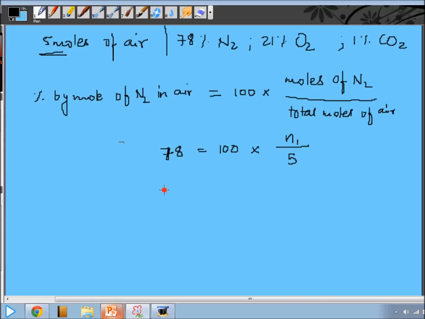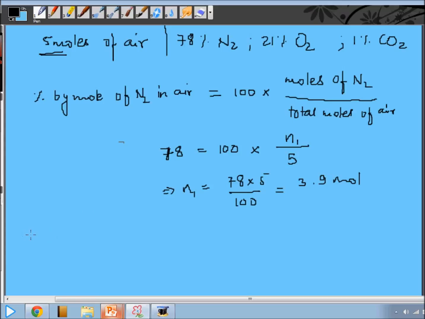So this gives me N1 is equal to 78 multiplied by 5 divided by 100. So this is 3.9 moles.